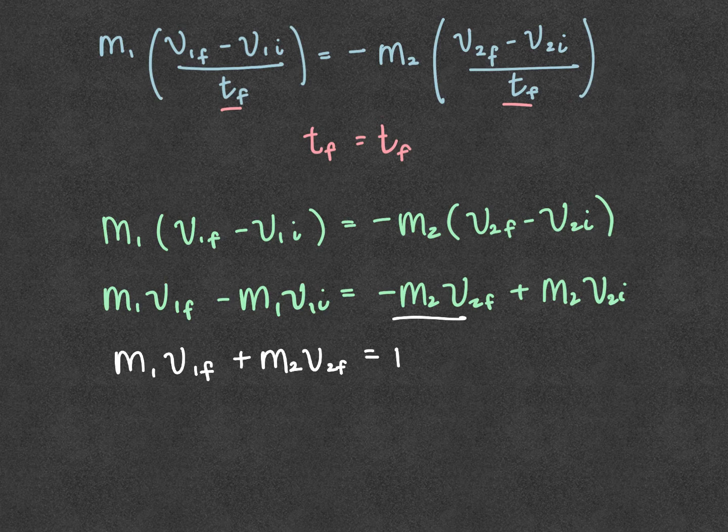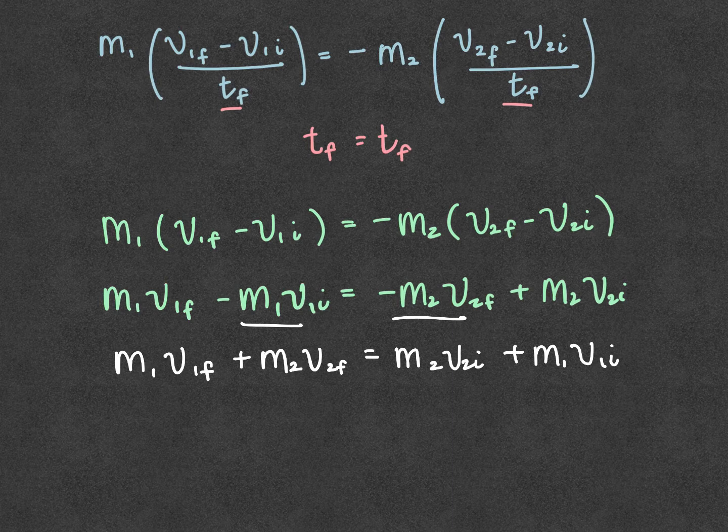I'm going to leave the m2 v2 initial on the right side and add over m1 v1 initial. So now I have my initial conditions together and my final conditions together.